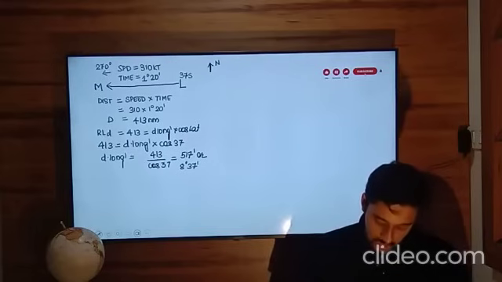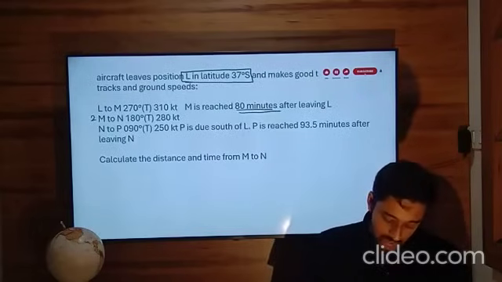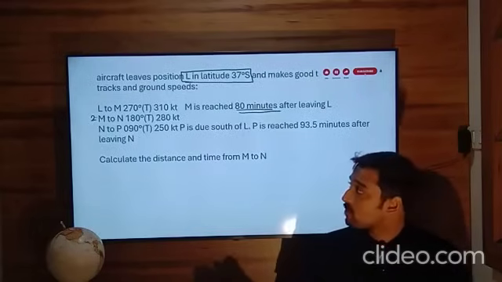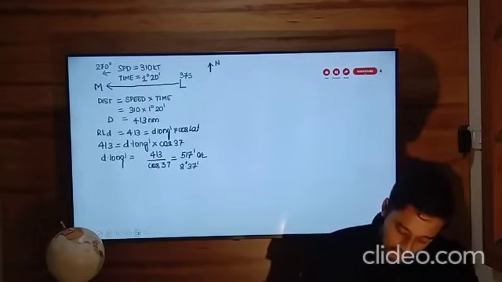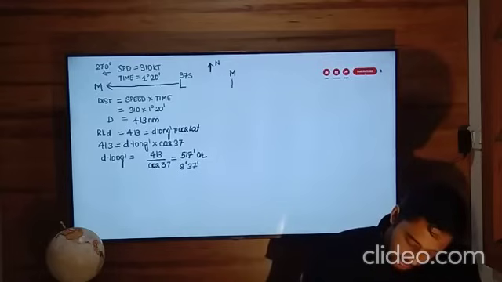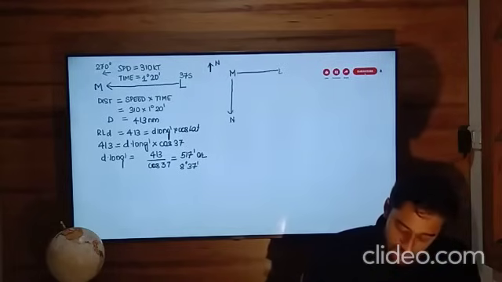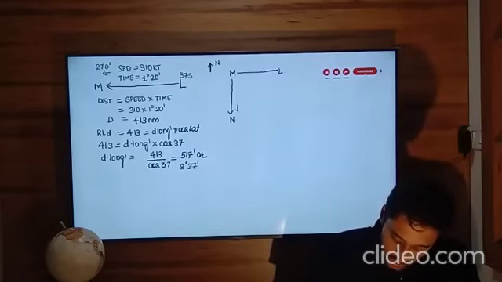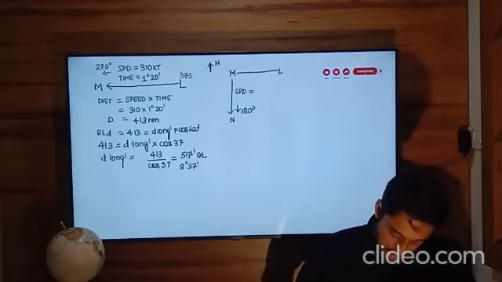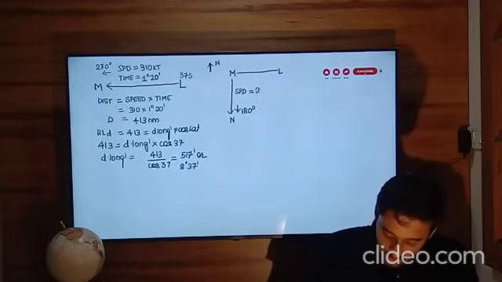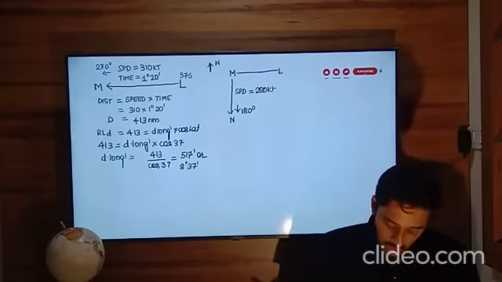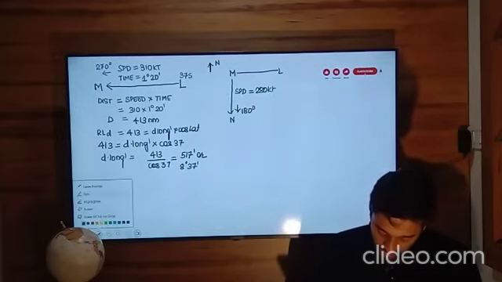Now let's go to next route of flight, which is M to N. Now when going from Mike to November, you fly a southerly heading. So M to N, you will fly a heading of 180 and the speed will be equal to 280 knots. Now what is the latitude of M?